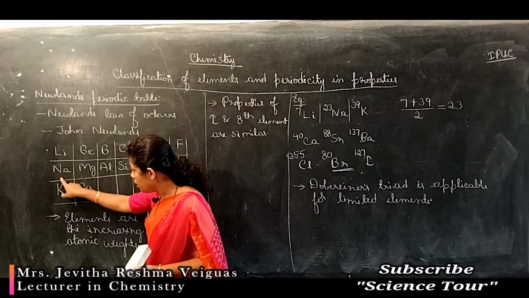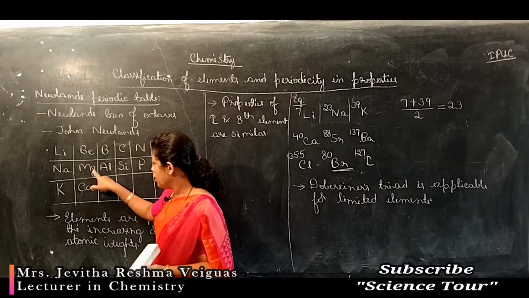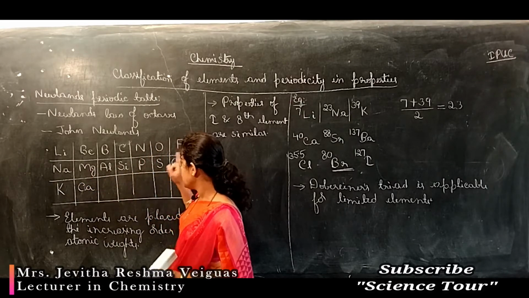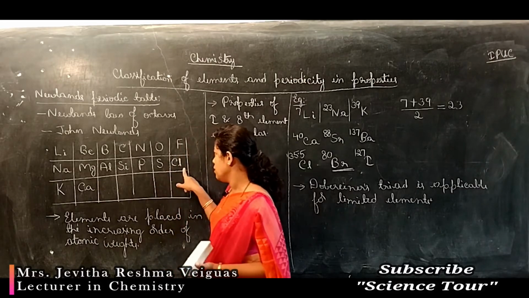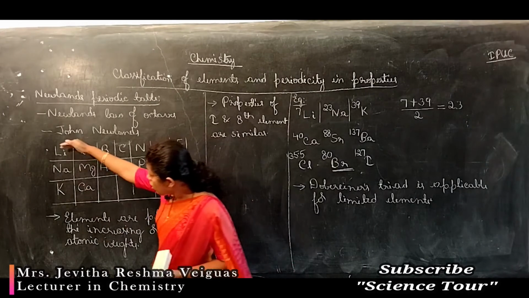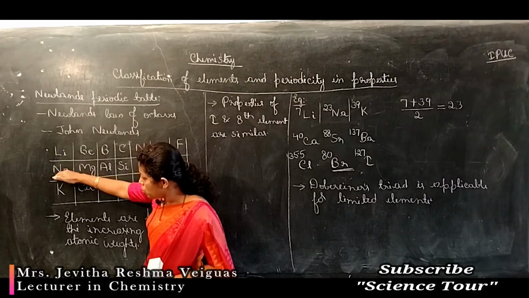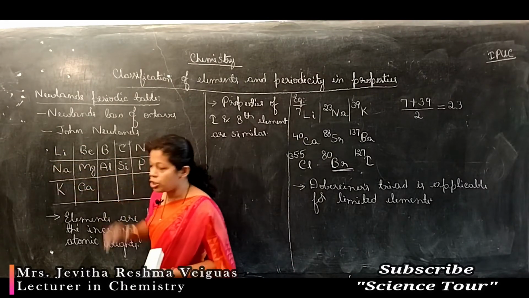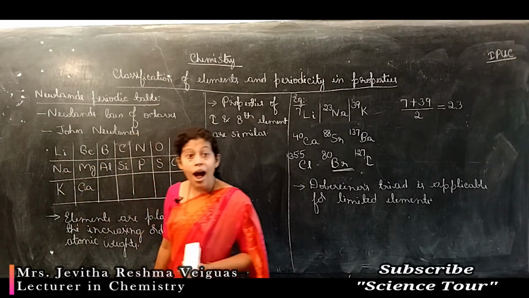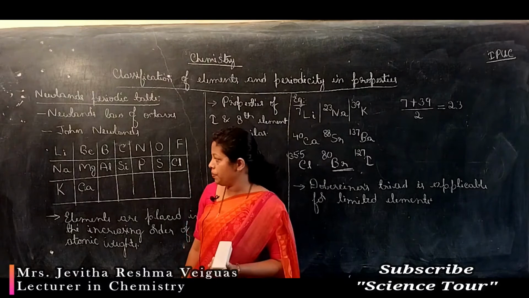If you consider sodium as the first element, magnesium is second, aluminium third, silicon fourth, phosphorus fifth, sulfur sixth, chlorine seventh, and potassium the eighth element. That means for lithium, the eighth element is sodium, and for sodium, the eighth element is potassium. These elements, lithium, sodium, potassium, have similar properties.